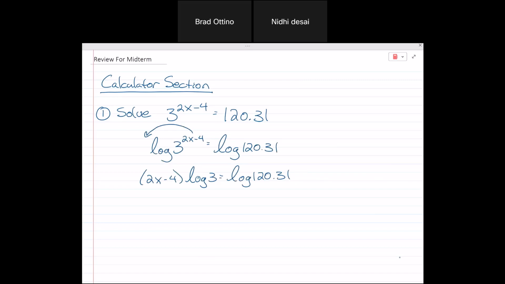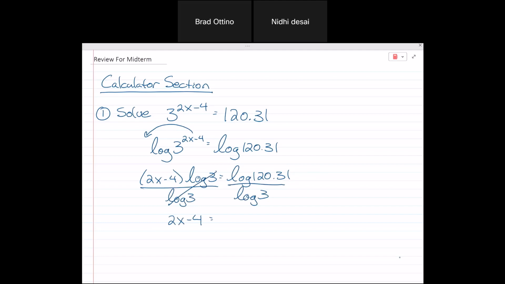So now we don't have any more exponential functions or anything in the exponential position. So what we could do is divide both sides by the log of 3. And we get 2x minus 4 is equal to log of 120.31 divided by the log of 3.